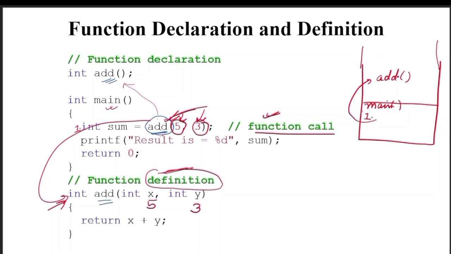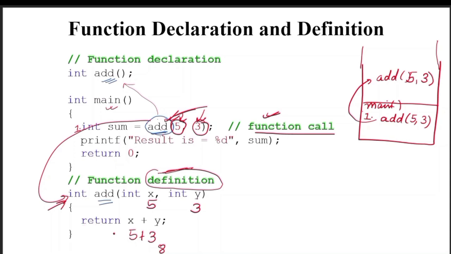Some space is allocated in the memory to the add function. Now what will the add function do? It got the values x and y which were passed by this call, 5 and 3. So this 5 and 3 value is received over here. Now this add function is going to perform the operation 5 plus 3, which is 8.